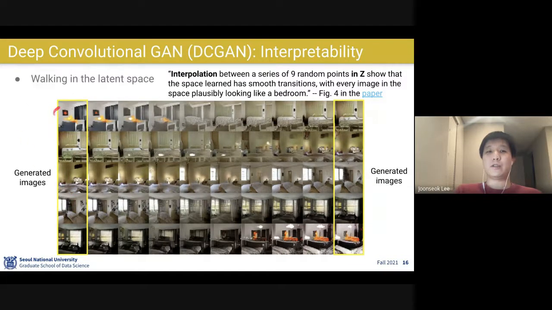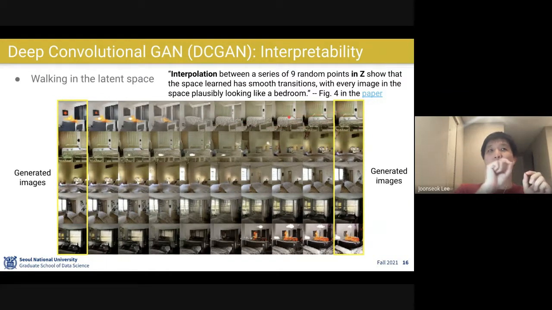And we know that these are coming from some z vector in the latent space, right? So we take those two vectors, and then we can connect them in the latent space by a line, and then we can gradually move through that line to just gradually change the z vectors from one to another.